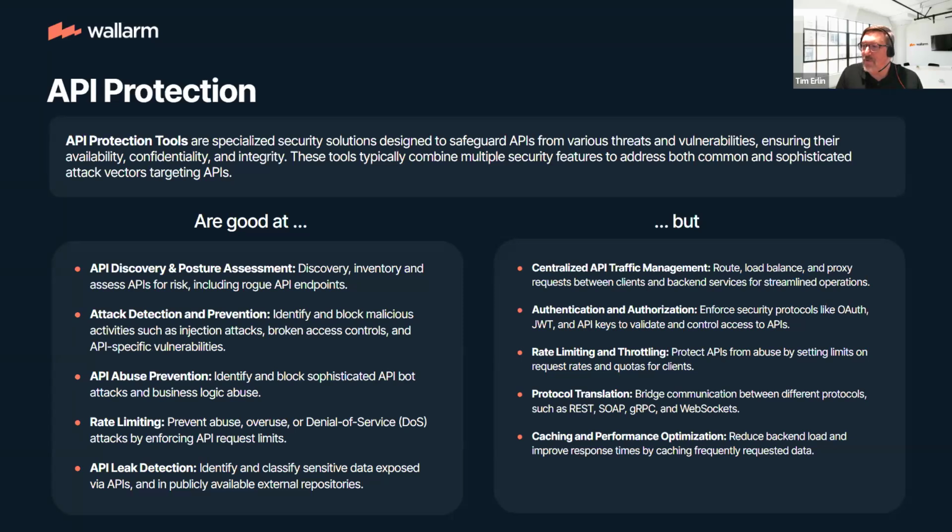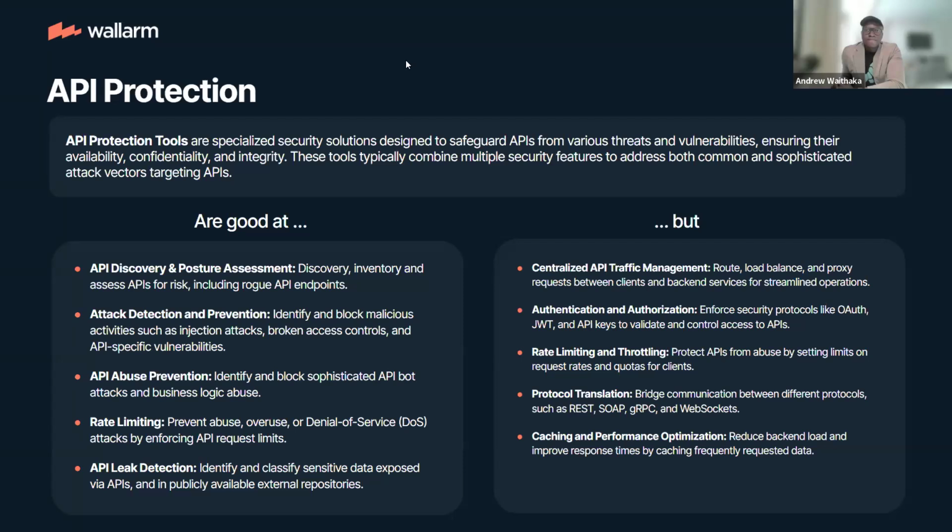And the one that I see the most confusion around in the market is authentication and authorization. The API protection tools can monitor traffic and look for attacks. They can tell you whether those attacks are using authentication, but we're not a tool that actually implements that authentication and authorization mechanism, whereas an API gateway does, right?